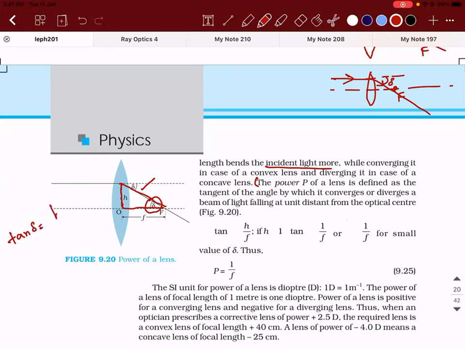Tan delta is going to be h divided by f. Okay, but listen, it is defined as the tangent of the angle by which it converges or diverges a beam of light falling at a unit distance from the optical center. Means the value of h should be 1. So if I take h is equal to 1, which implies tan delta is equal to 1 by f, then this tan delta is what is called as the power.